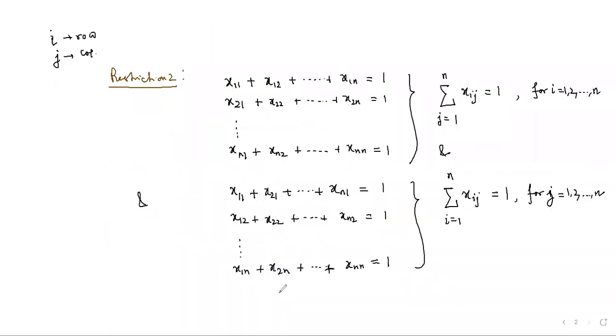So what I'm getting as the total time, in general, is x11 t11 plus x12 t12, and in this manner for every cell, up to xnn into tnn. And I can represent this total time by z.